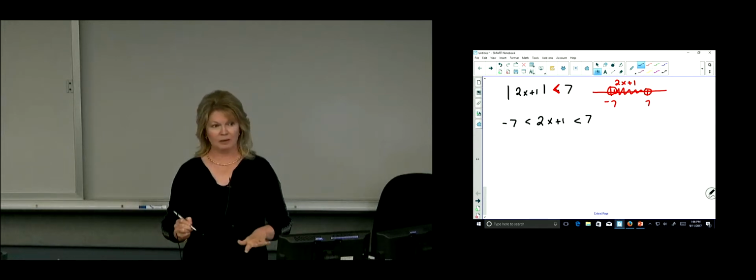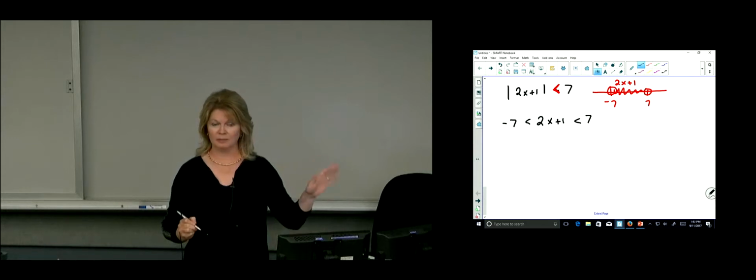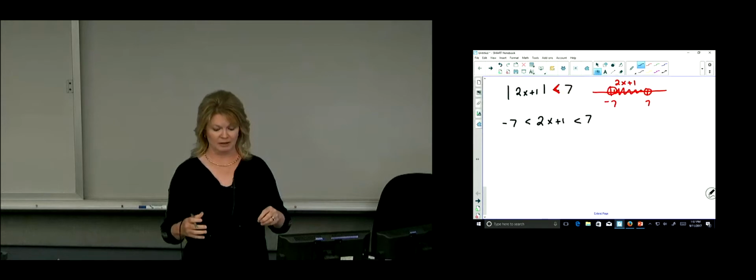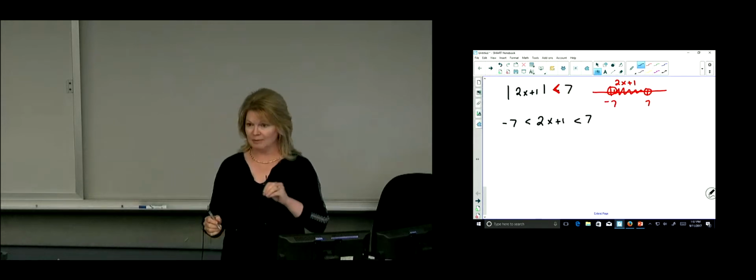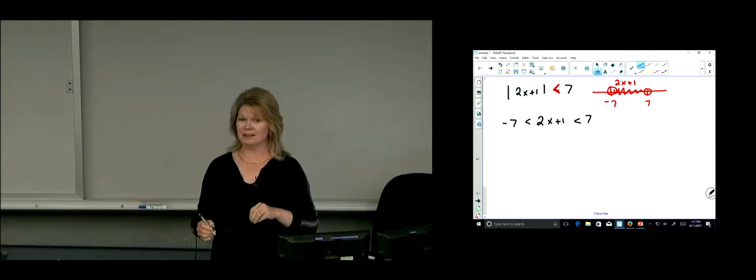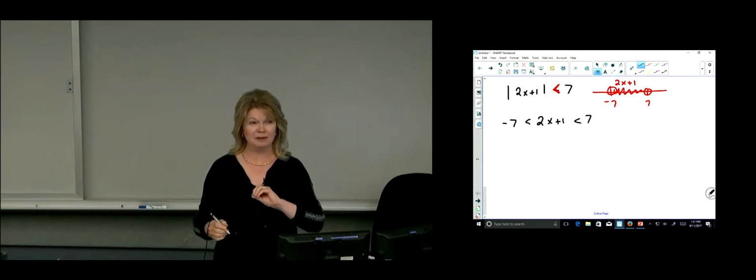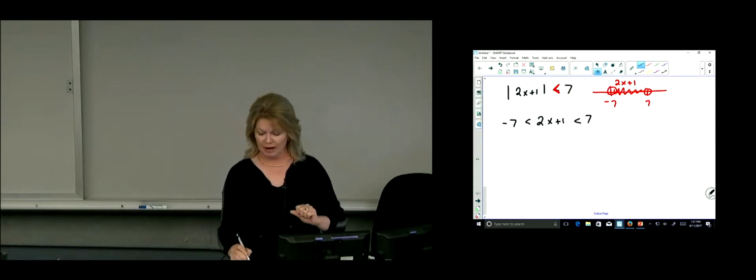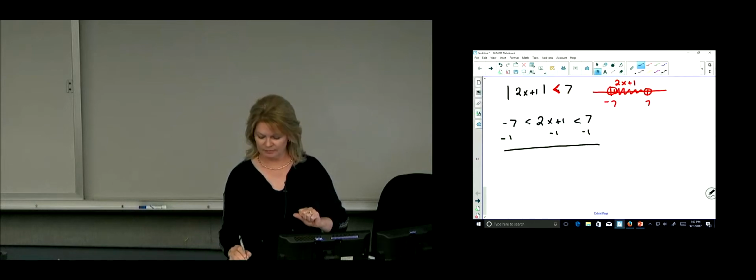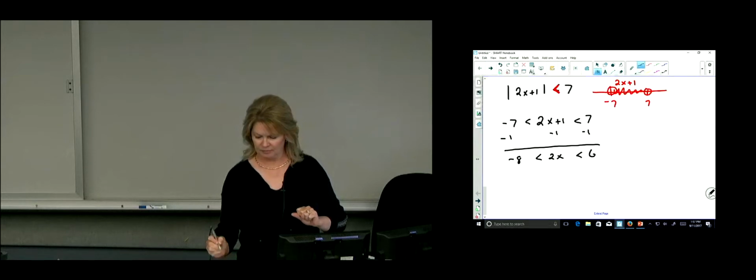Okay, so we had a problem similar to this on a previous homework set where you have your sandwich inequality. So we're going to do the same thing to every side. Your goal is to get that x by itself in the middle. So I'm going to subtract 1 from every side. And then I'll divide each part by 2.